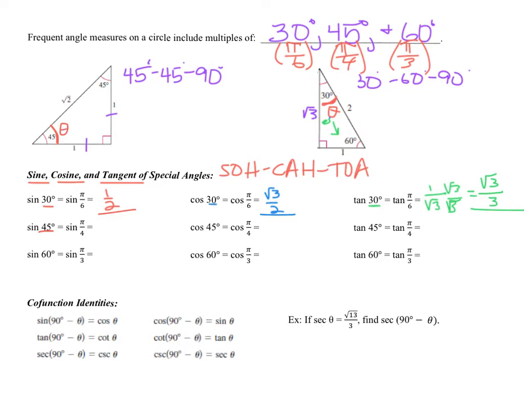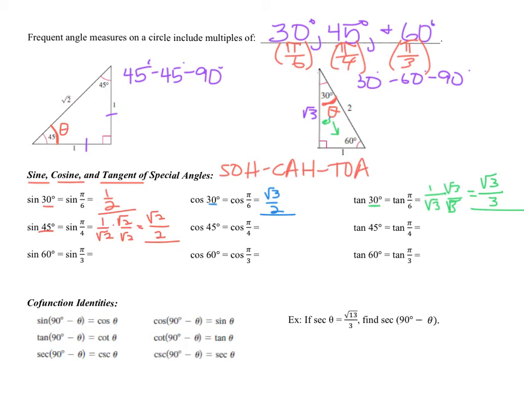For sine, the definition is opposite over hypotenuse again. That gives us 1 over square root 2. Like tangent of 30, we need to rationalize this. I'll multiply the top and bottom by square root 2 over itself, and that gives us square root of 2 on top, and on the bottom the square roots cancel out, and we get positive 2. That's the exact sine value at 45.